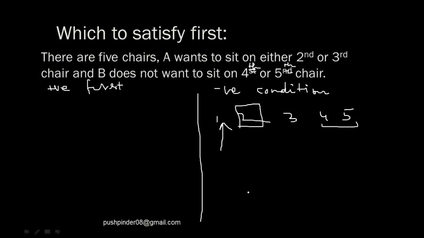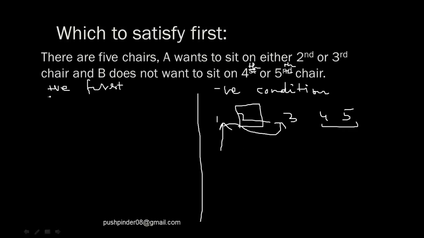A is supposed to have two choices because he wants to sit either on the second or third chair. We are supposed to give A two choices, and we are satisfying B, but in the end we are forcing A to sit on the third chair. I hope you're understanding, right?